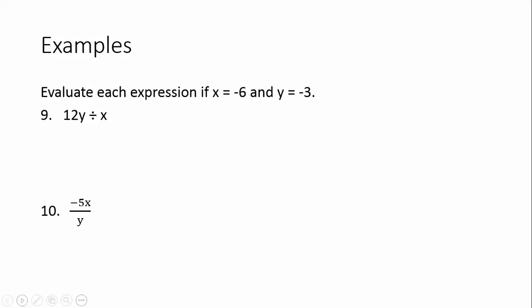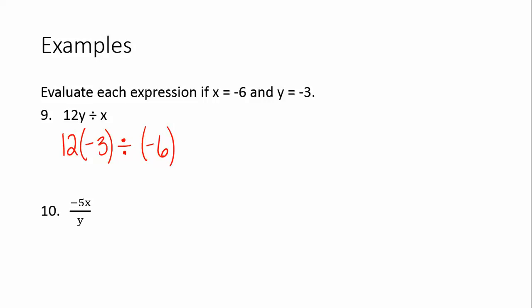Let's evaluate the expression. We're told that x equals negative 6 and y equals negative 3. So we want to remember our order of operations here. First, I like to just see you plug in the numbers for the variables to show me that you can do correct substitution. So we have 12 times negative 3 divided by negative 6.